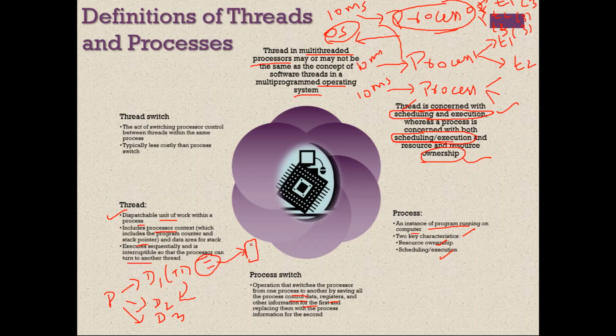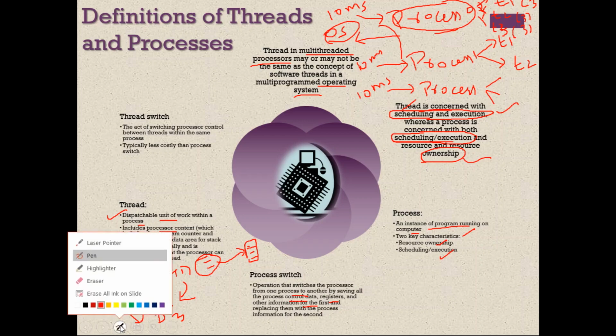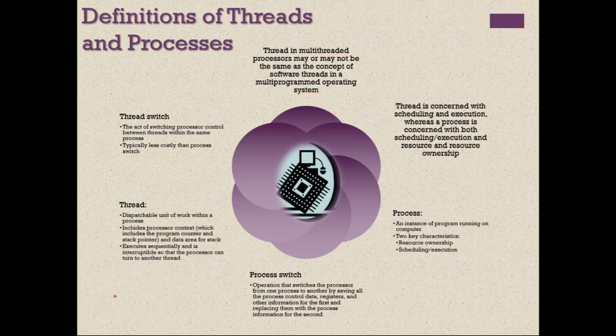Normally threads execute sequentially, but the process can interrupt it, stop it and switch to another thread. All these things are very similar to what we have discussed in operating system. There is not much difference.